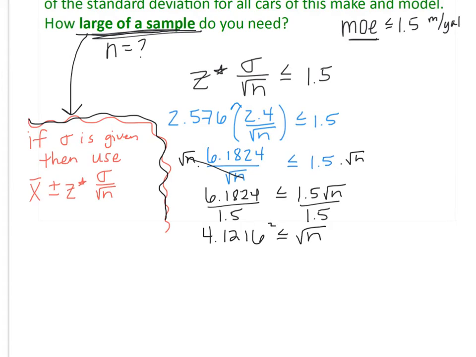So last but not least, to get rid of my square root sign, I square both sides, and I get 16.988 is less than or equal to n.